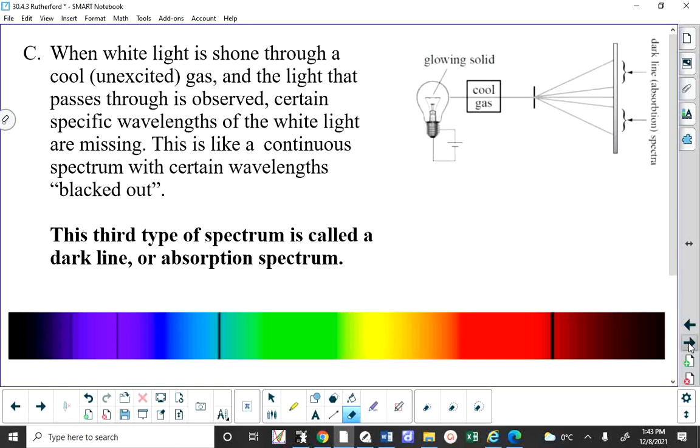So this is called an absorption spectrum or a dark line spectrum. I don't like saying it's produced by a cool gas because the cool gas isn't producing it. The cool gas is swallowing up particular wavelengths and allowing everything else to pass through. And I think this is the important point to end today on.